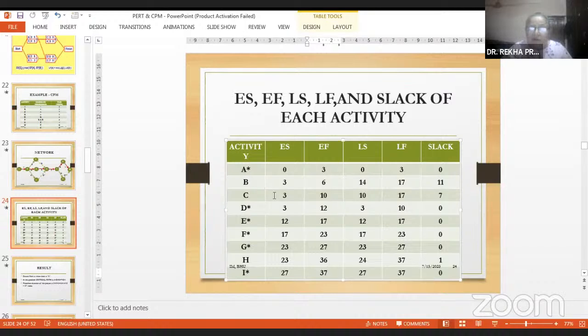So this is a forward path. From A to I you are going from left to right.